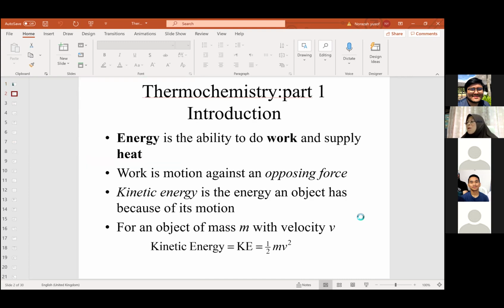Right, so let's go to the basic one. Introducing what thermodynamics or thermochemistry is all about. In kinetics, we are talking about the effect of time and the effect of concentration towards a certain chemical reaction.